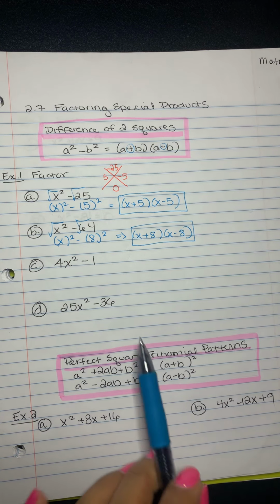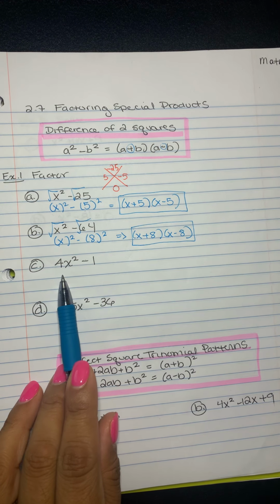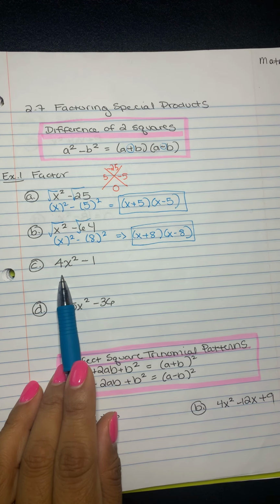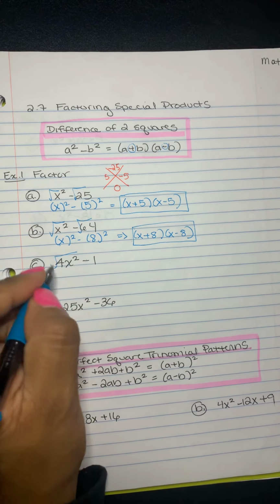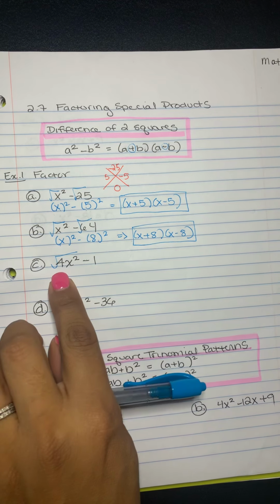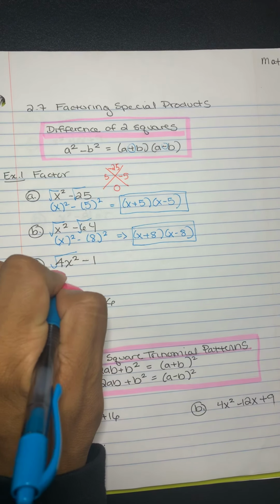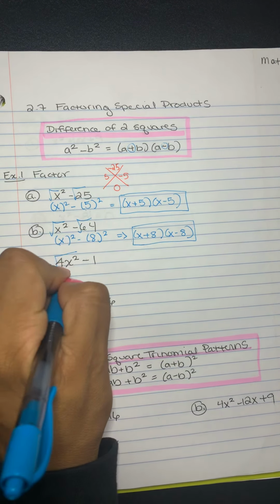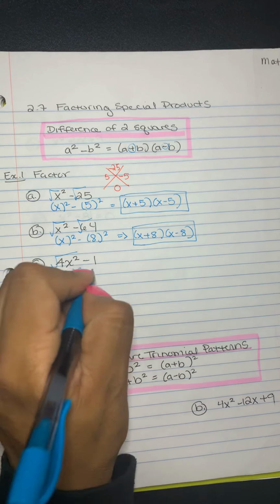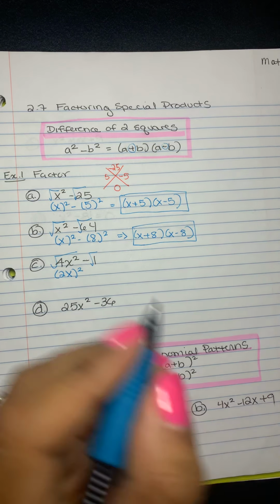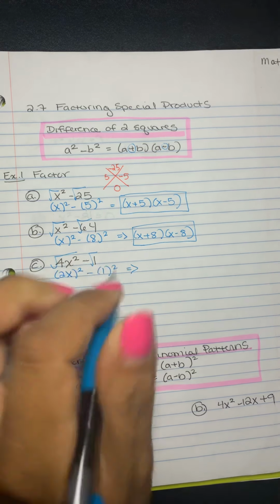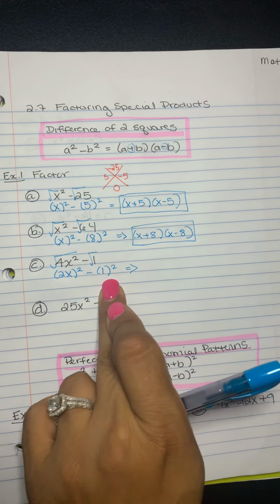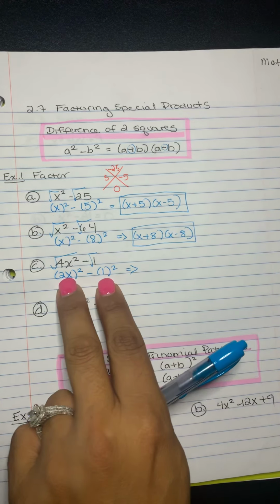Well, what happens if a is greater than 1? So that is going to occasionally happen. You're still going to take the square root of 4x squared. We know the square root of 4 is a perfect square. It's 2. The square root of x squared is x. And then, yes, we can take the square root of 1, which is 1. Again, this is your a, this is your b, so it's a plus b and a minus b.